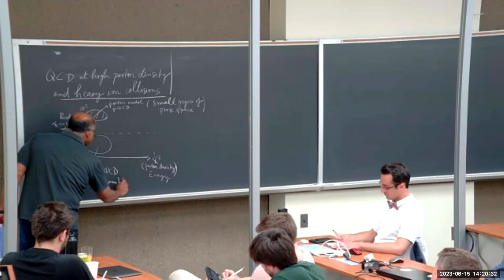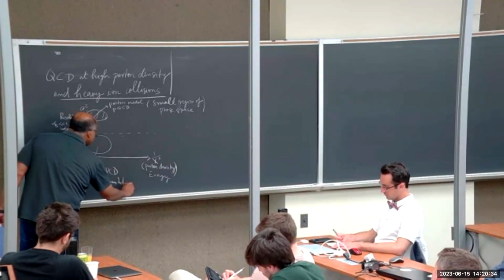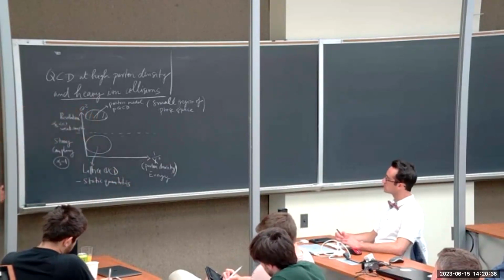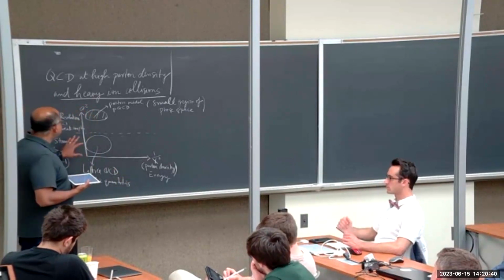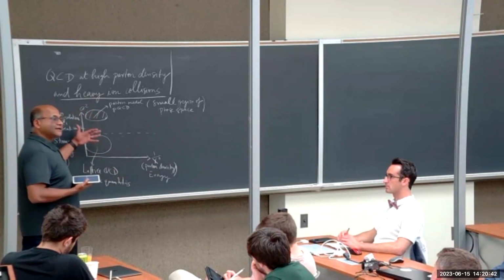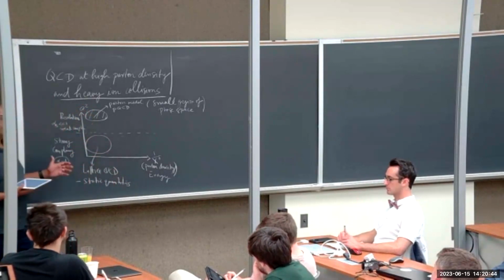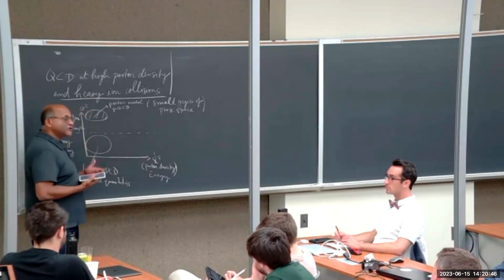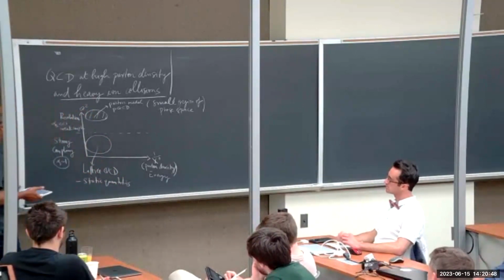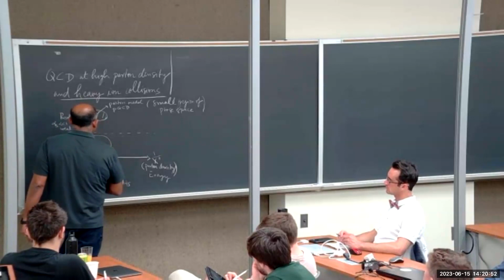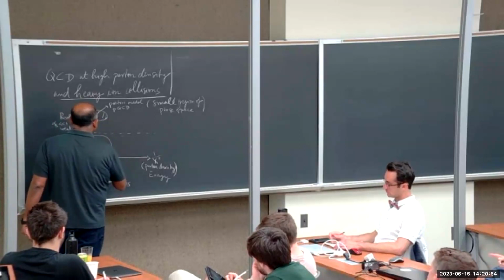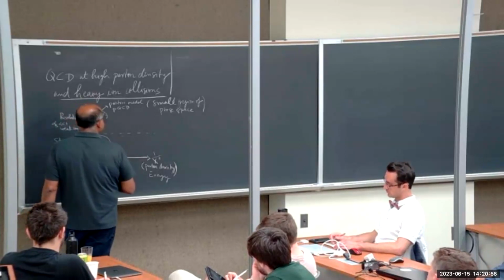I'm sure you heard lectures about what that means: you do the calculations in Euclidean space-time, and so you can only look at ground state properties of the theory, so moments, and thermodynamic properties like pressure, and so on. And we can now try to go beyond these regions, and we have effective field theories.